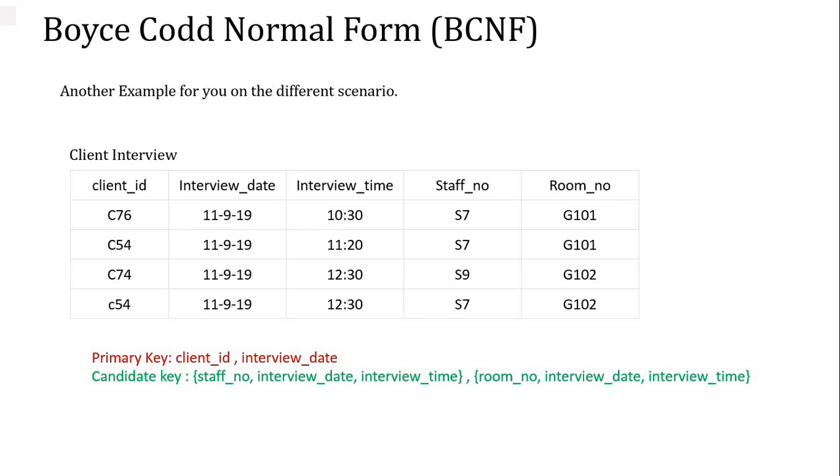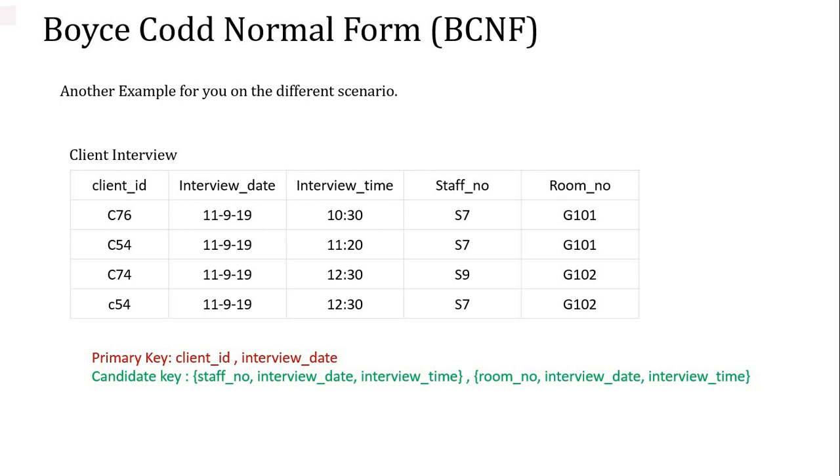The candidate keys are staff name, interview date and interview time, these three together make a composite candidate key, and another candidate key is room number, interview date and interview time.